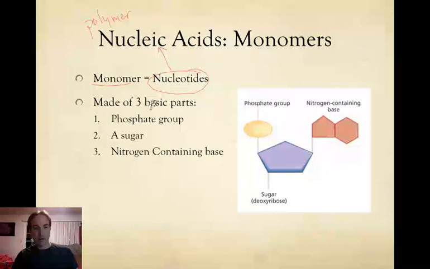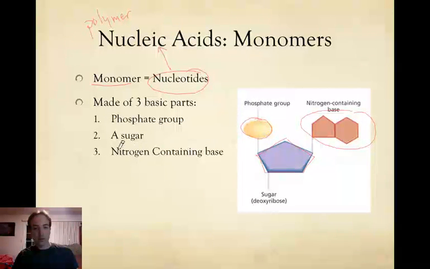Now a nucleotide is made up of 3 basic parts. You have a phosphate group, you can see him right here. You have a sugar right here, kind of almost a house-shaped sugar. And then over here we have the nitrogen-containing base. So pretty much all these nucleotides will have the same phosphate group, the same sugar.